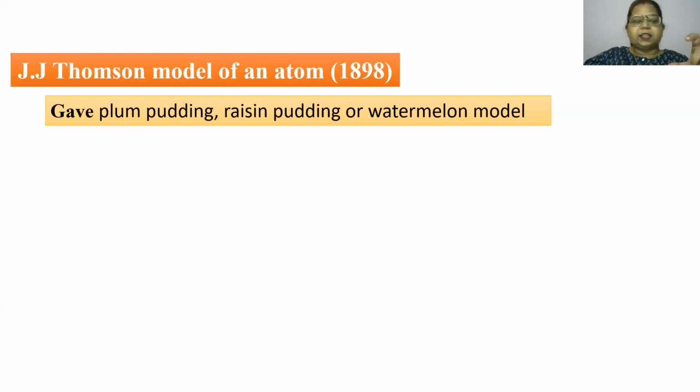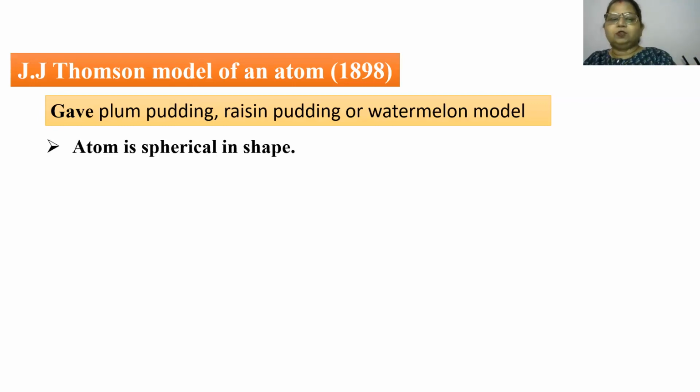From time to time, I keep reminding you that you must know as many names of a substance, commodity, element or compound as you can. So Thomson's model is named the plum pudding model, raisin pudding model, or watermelon model, as you have correctly described it without using the word nucleus.